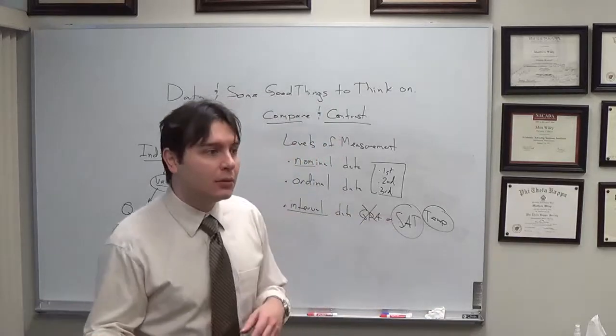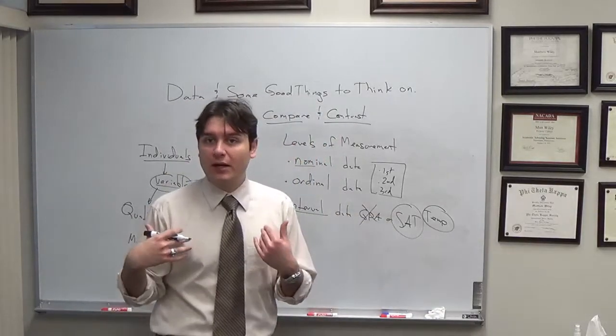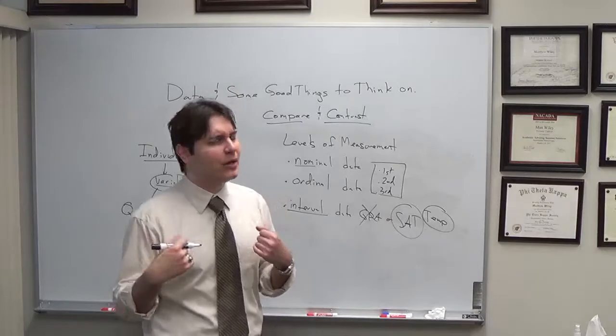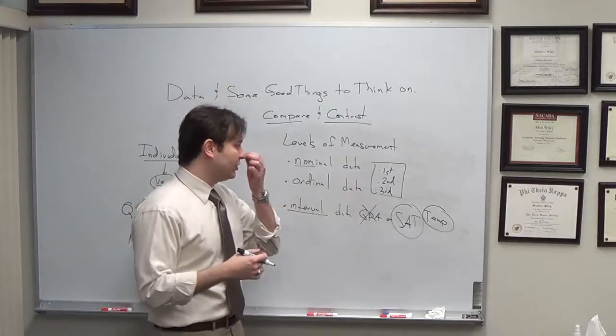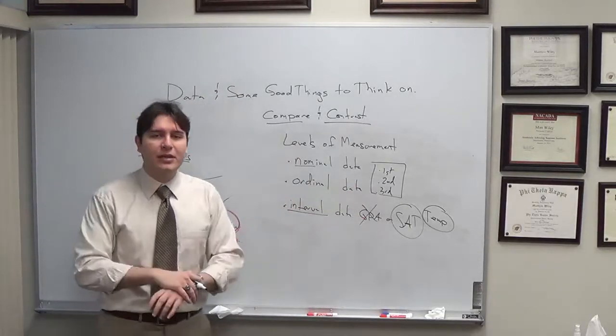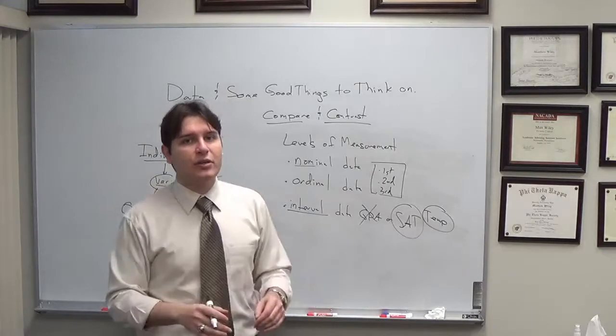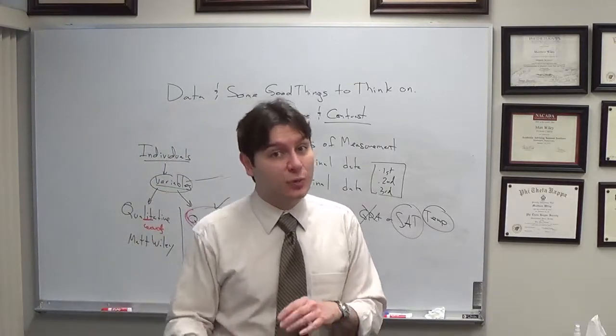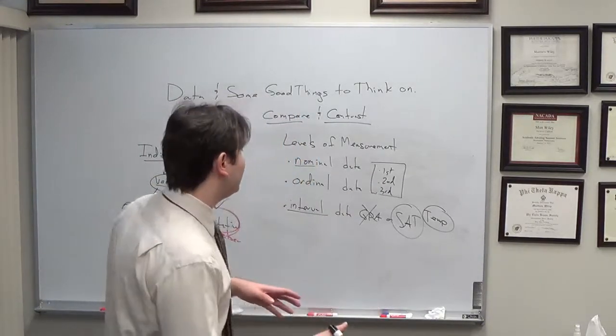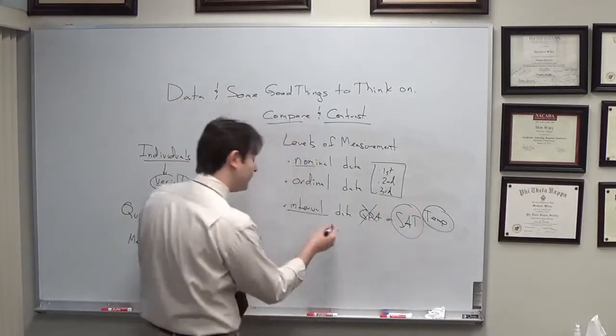Then it won't work. Am I going to freeze if I walk out in 0 degrees centigrade? No, not so much. So temperature, in general, is interval data because if it's 100 degrees outside or 50, we'd say it's twice as hot. But it doesn't really have a true 0.